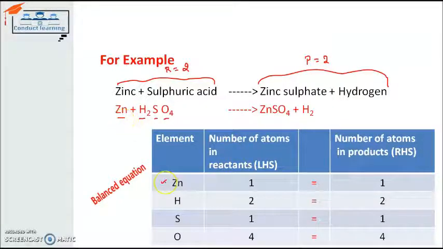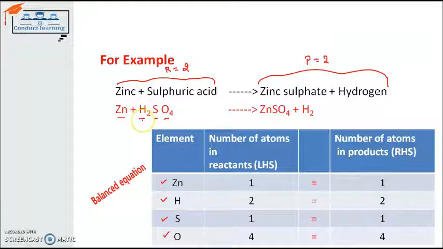Secondly, we write down hydrogen, as it comes after zinc. Third, sulfur, and after that we write down oxygen, which comes fourth. So zinc, hydrogen, sulfur and oxygen are listed in an element column.